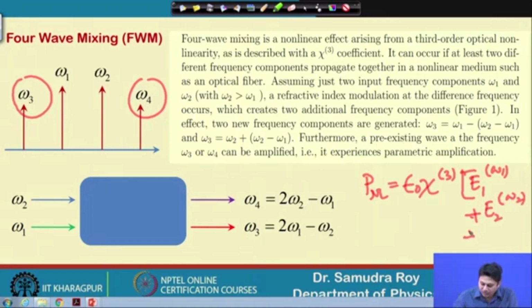Obviously, the complex conjugate will be added with that, and then we take a cube of that. Once we take a cube of that, there will be different kinds of frequency mixing. So, we will have 3 omega 1, we will have 3 omega 2, we can have minus 3 omega 1, minus 3 omega 2, the complex conjugates of those two terms, and also the combinations of these two.